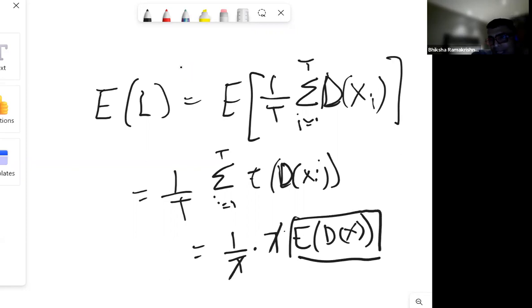So what we are saying is that if there were a very large number of us, and each of us chose a different set of t training instances, the average of all of our losses is actually going to be the expected divergence. So in other words, the expected value of the loss is the true objective that we are trying to minimize.